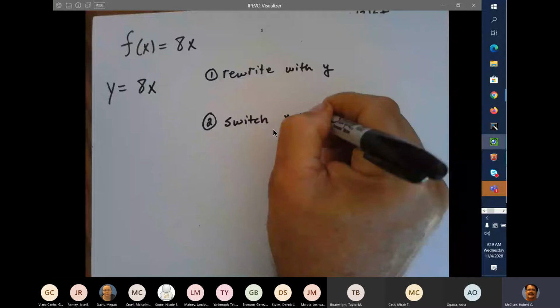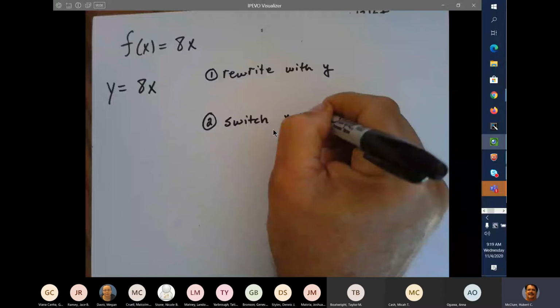And the third thing you're going to do is solve for y inverse, because that's basically what you're going to get. So divide by 8, y inverse is equal to, and you could say 1/8x or 8x over 8.